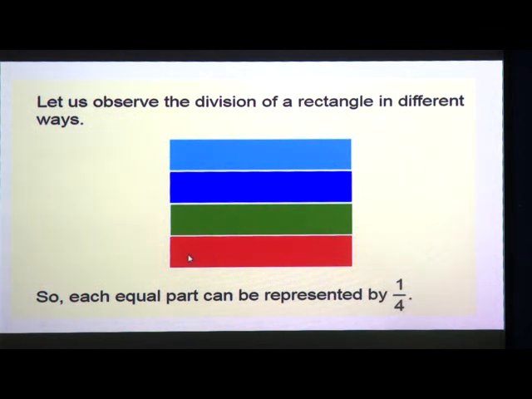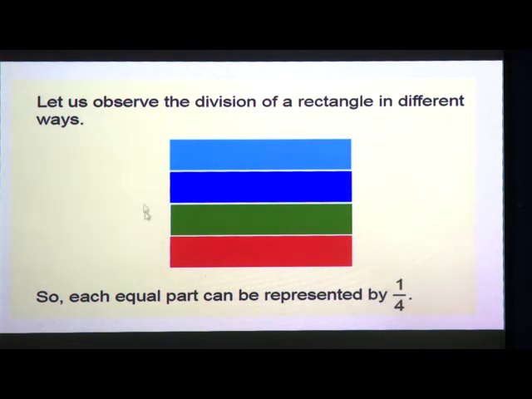And suppose we want to find the shaded region for the red color. So, we have to write 1 by 4. If it is for green, again 1 by 4. How many parts were shaded? Dark blue, it is 1 by 4. Sky blue, it is 1 by 4.